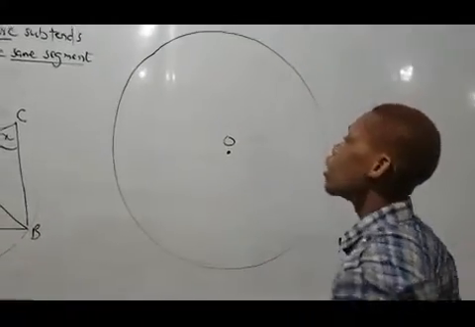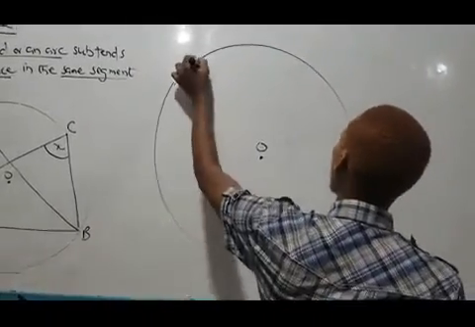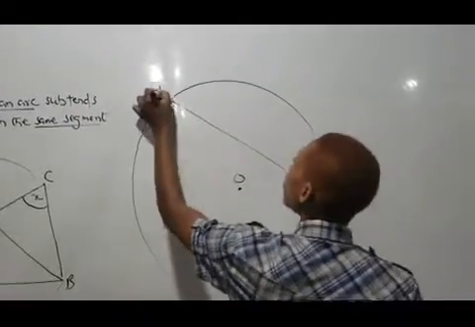So again, assuming we have this circle, we have a chord here, PQ.